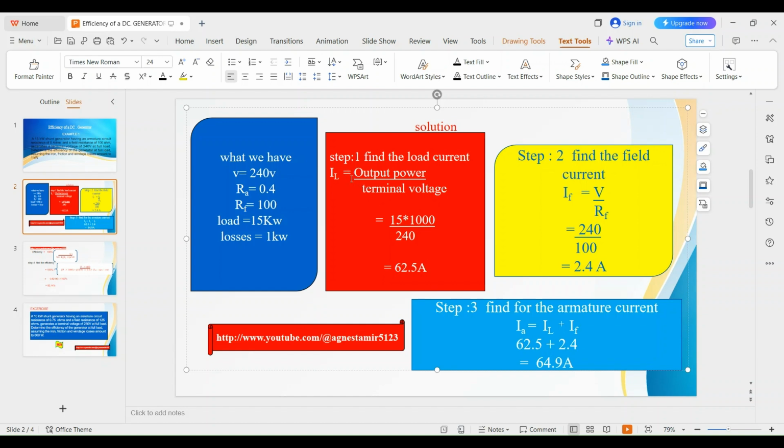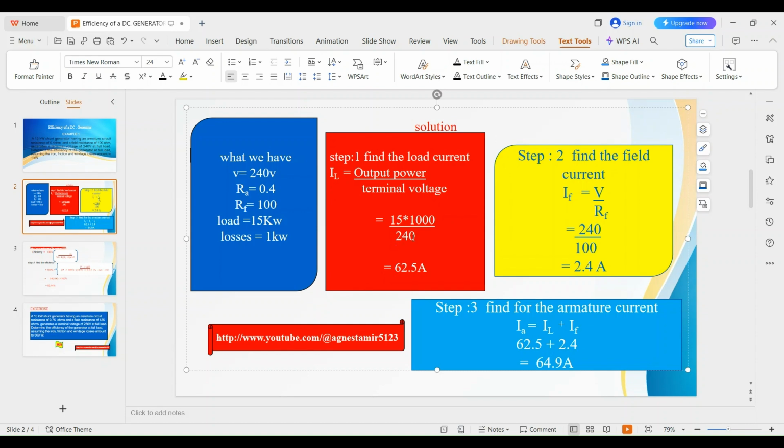Using the power triangle, we know that power is given by voltage multiplied by current. We have seen that in our previous videos. Therefore, in this case, we are looking for current, and current will be given by power over voltage. We have our output power, which is 15,000 watts, and our terminal voltage is 240 volts.